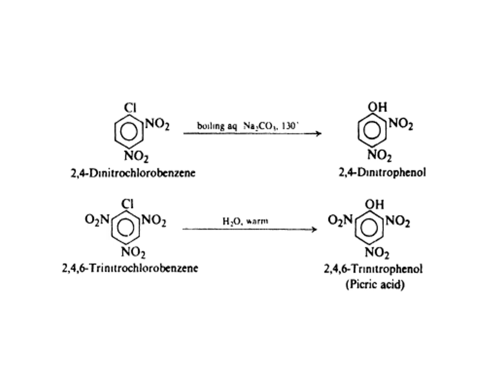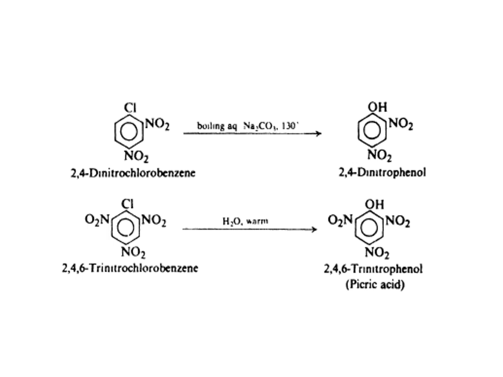And see the second example, it is 2,4,6-trinitrochlorobenzene. That means three nitro groups are present, at all the positions, that is two ortho positions and the para position, substituted with the electron withdrawing nitro group.